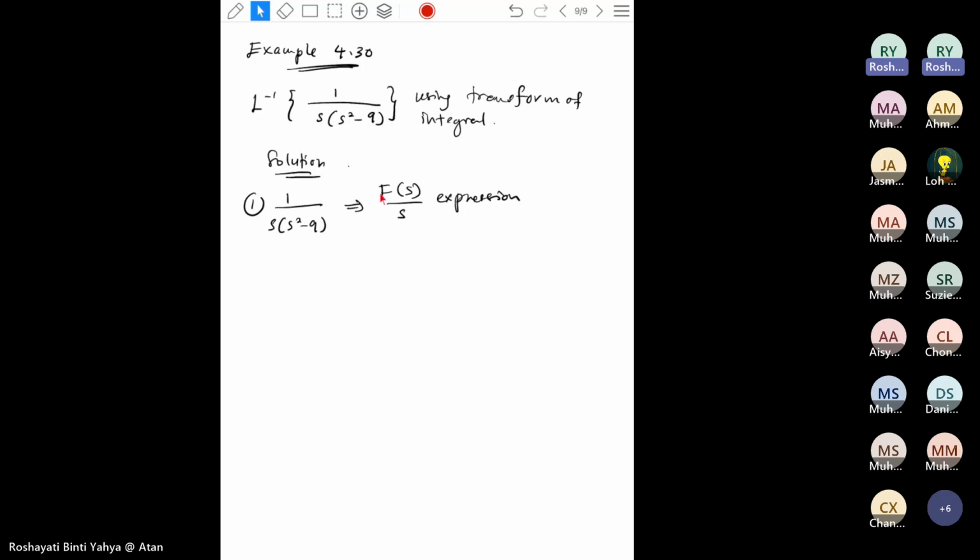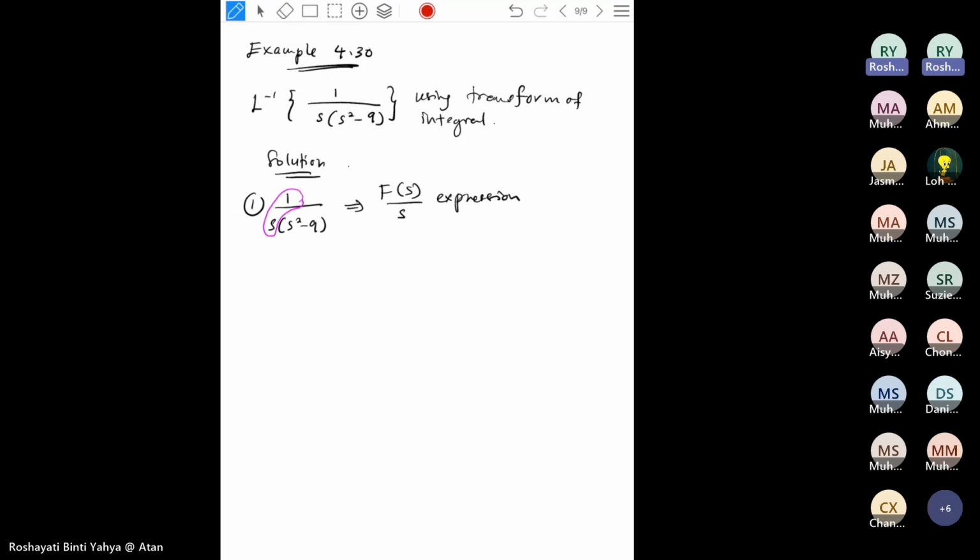You have 1 over s, right? So for this function, take out your 1 over s first. So the rest is F(s).